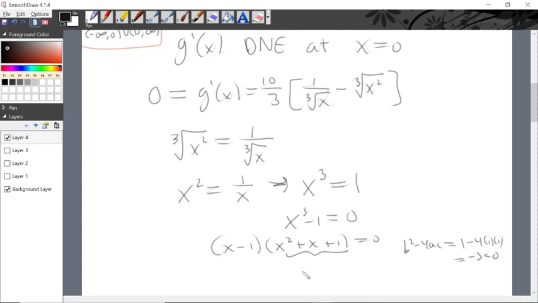Okay, so this part right here has no real solutions. And the only real solutions then to this equation are x is equal to 1. Okay, so we have x equals 1 as the only real solution.